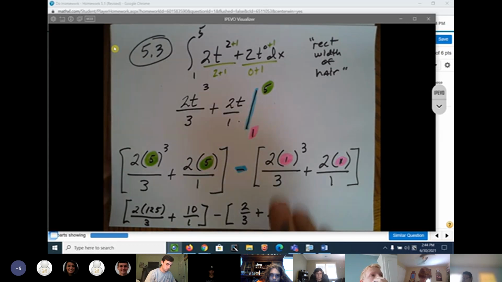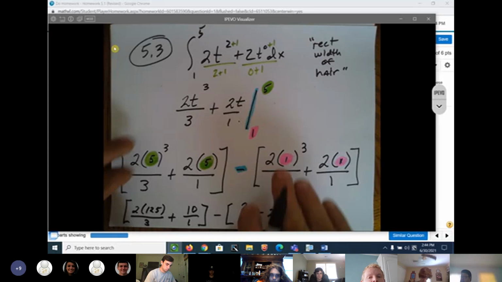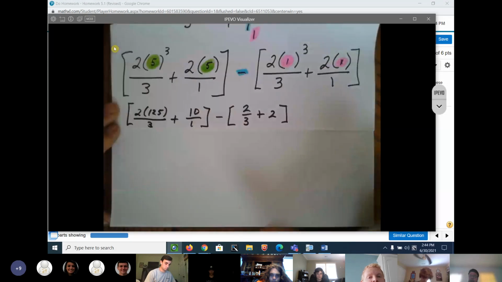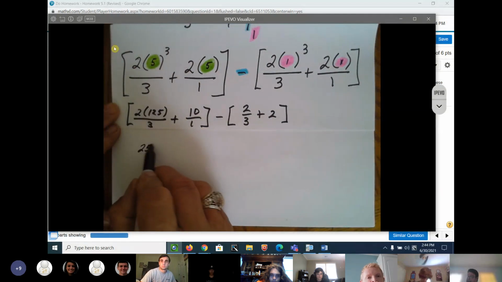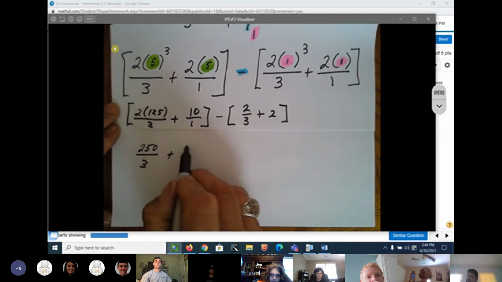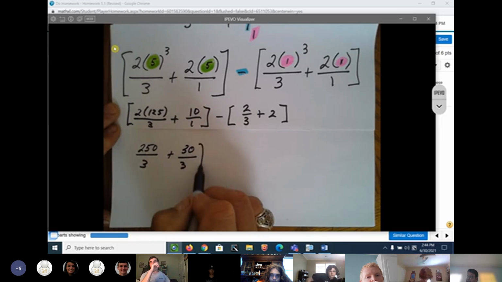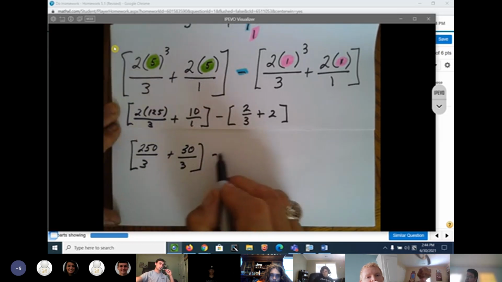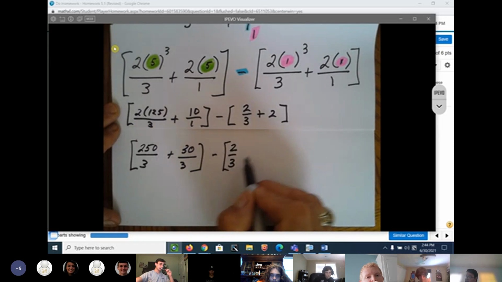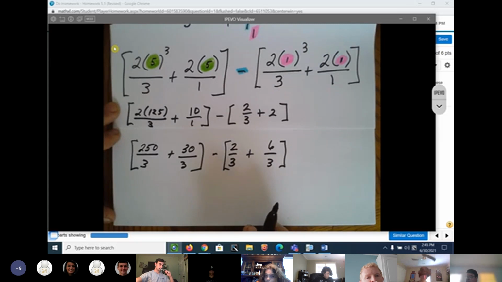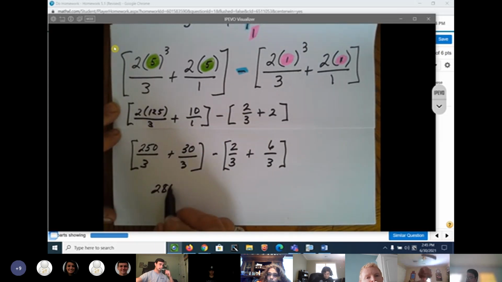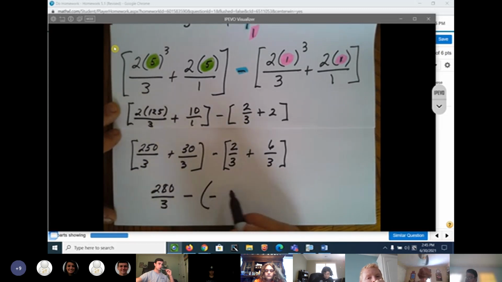And I'm going to go to the next page. Okay. So that's 250, right? 250 over 3 plus 30 over 3, minus 2 over 3 plus 6 over 3. 280 over 3 minus 8 over 3.